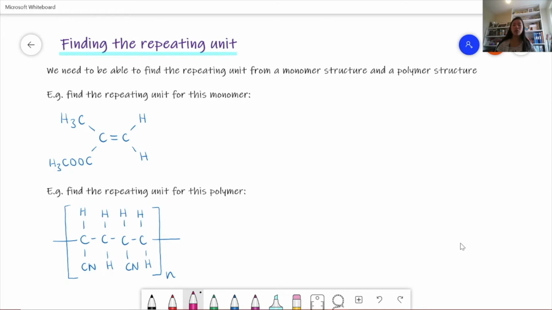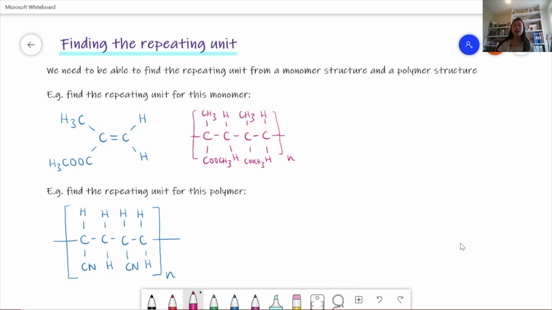So then what this would form would be you'd have 4 carbons, and then COOCH3, and then a hydrogen on this one, and then some more hydrogens. That one would also be a COOCH3. And then you'd have a CH3 here, and a H, and a CH3, and a H. So this would be the polymer that you would get.